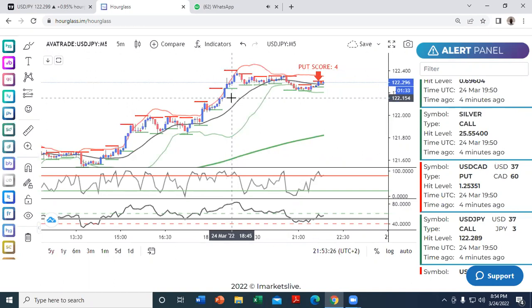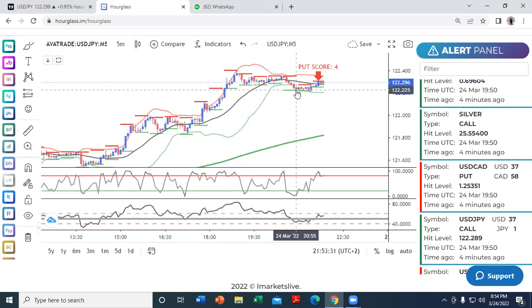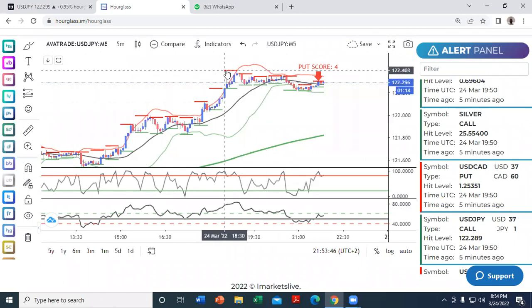As far as this Hourglass is concerned, everywhere you see a green, it means a buy, and everywhere you see a red, it means a sell. That's just what it is, right? So what does that tell us? It means that we sell at resistance, which are red, and we buy at support, which are green.